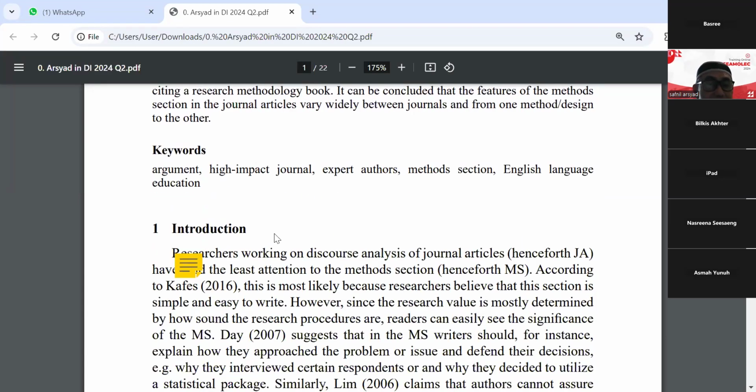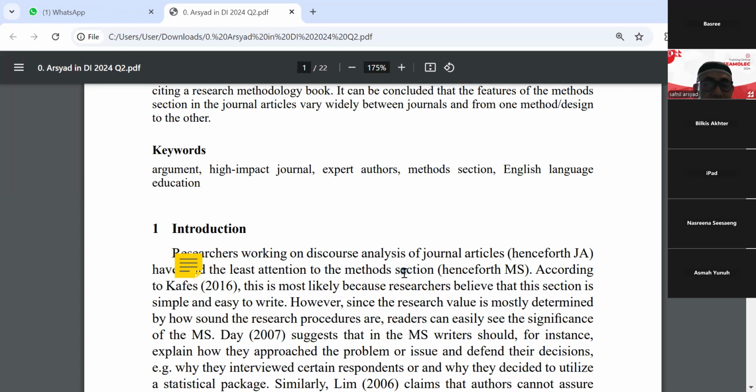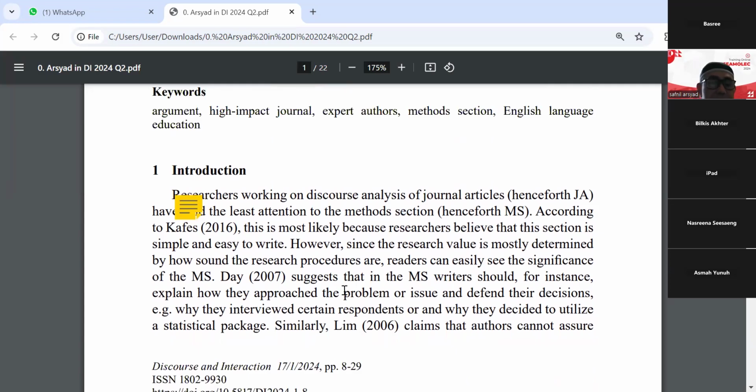Okay, we move to the introduction. Here, the research problem is about the lack of studies on the method section of journal articles. Most of the studies on research articles were conducted on the abstract, introduction, discussion, and conclusion, and only a few studies were conducted on the method section, as if the method section is not very important, or not very argumentative, or not interesting to be investigated.